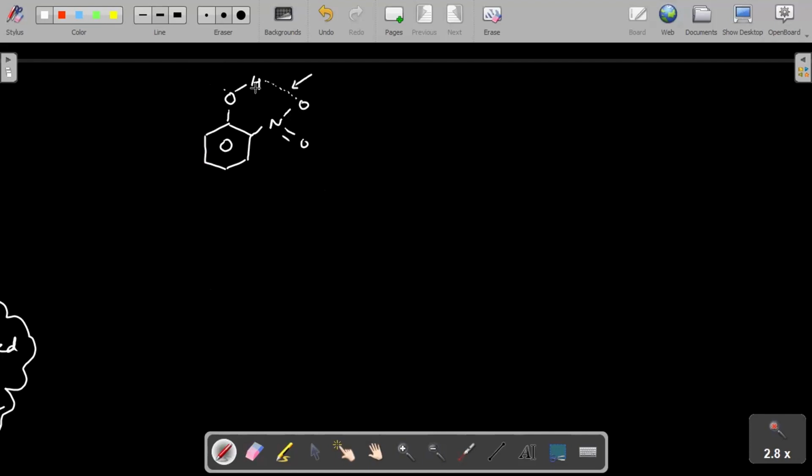The hydrogen of the OH group gets attracted by the oxygen of the neighboring nitro group. So there is an attractive force, which is called hydrogen bonding. This type of hydrogen bonding is called intramolecular, that is, within the molecule, the hydrogen bond is formed.